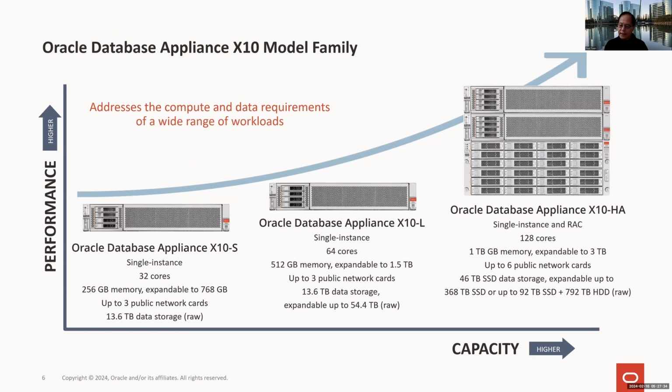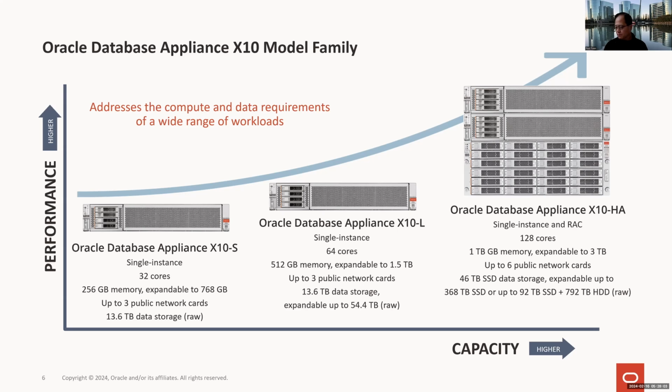Like ODA X9, the X10 family has the same sort of portfolio of products, right? We started with a small model at the lowest cost entry price, and then we have the large model with both sockets populated, more memory, more CPU, more storage. Then, of course, on the right-hand side, it's our best-selling model, the HA model, that provides the absolute availability for our customers with the largest number of CPUs and storage, right?